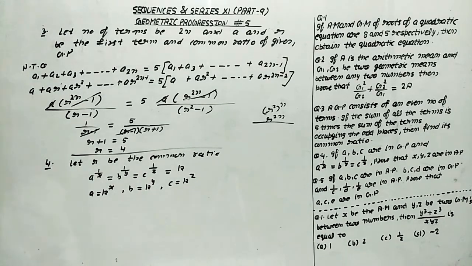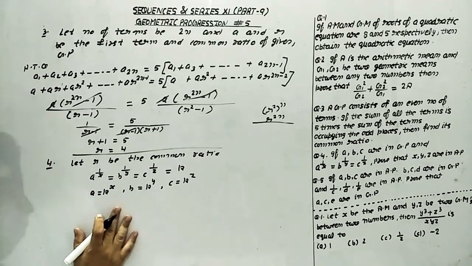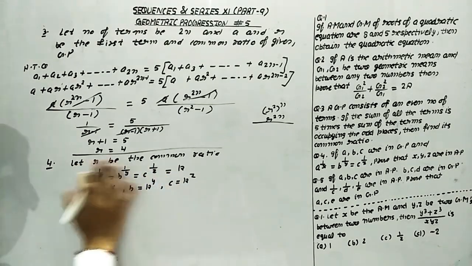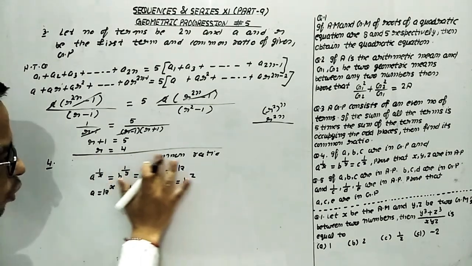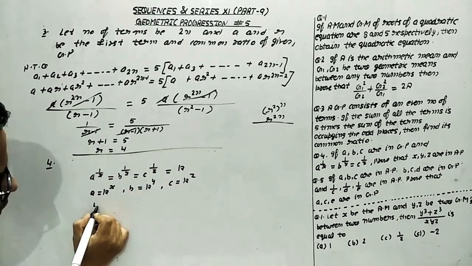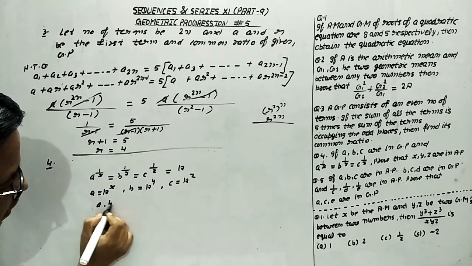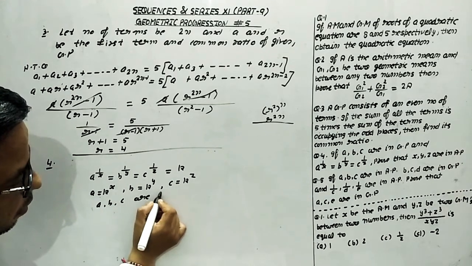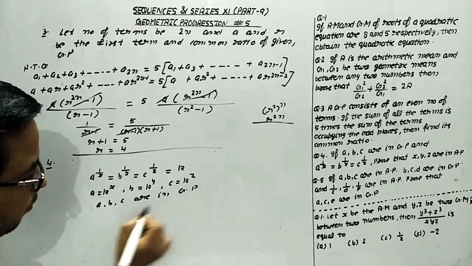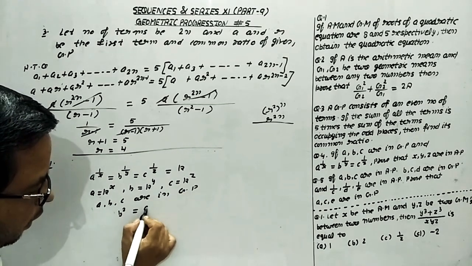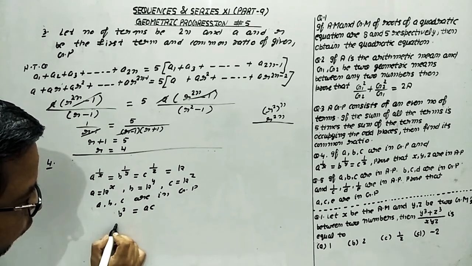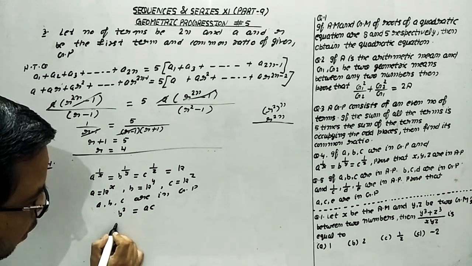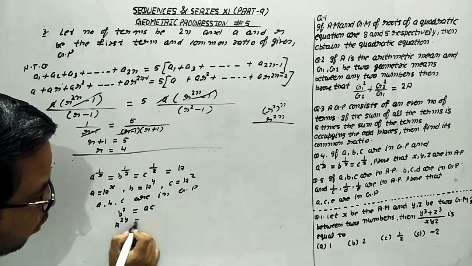Now look at this thing. According to this, it is given A, B, C are in GP. Because A, B, C are in GP, it means B square is equal to AC. Substitute the values. What is the value of B? K raised to power y, so B square is k raised to power 2y.